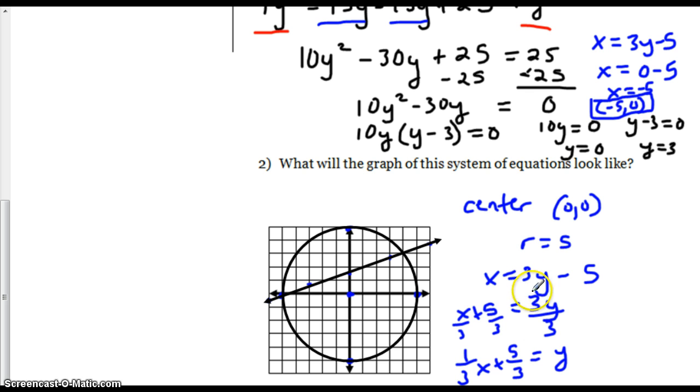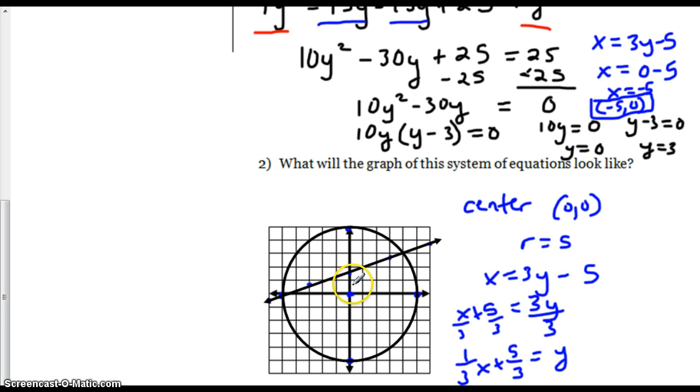Then I had to divide everything by 3 to isolate the y. So x divided by 3 and 5 divided by 3. And then we have y equals, and to help us graph our line, I changed it to 1/3 x for the slope, plus our y-intercept would be 5/3.